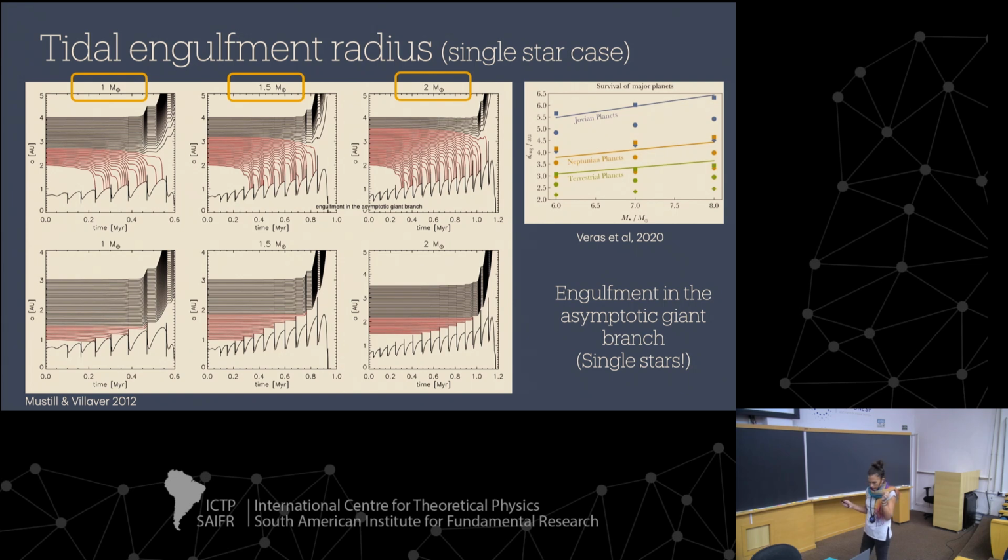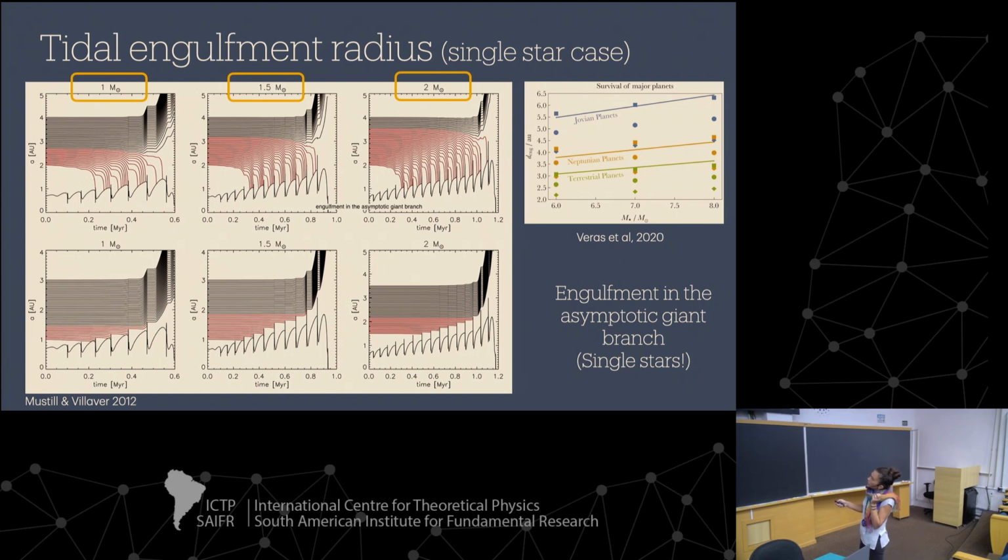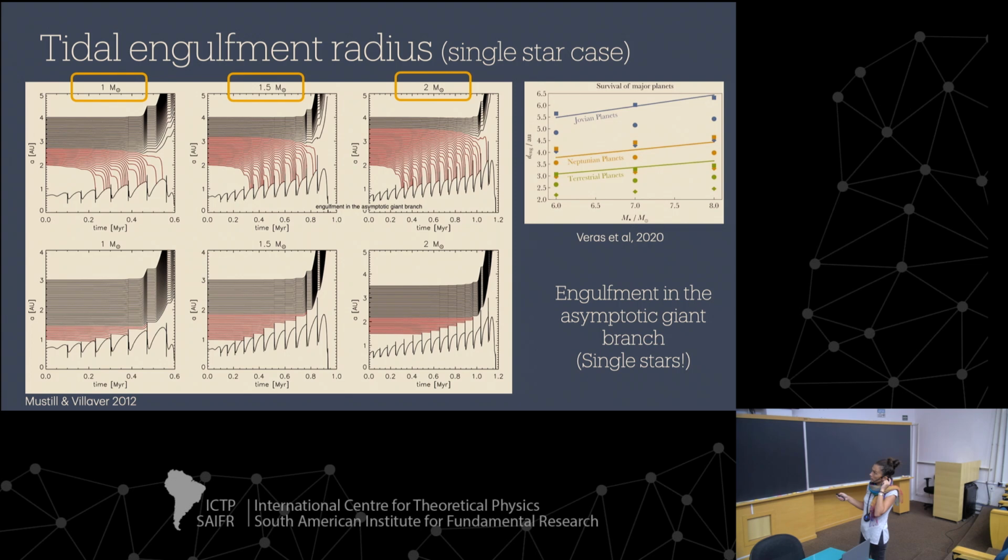If I recall correctly, it was super Earth and Jupiter-like planets, so it also depends on the initial mass of the exoplanet. What is the tidal engulfment radius? This shows the evolution of the radius of the star as a function of the evolution of the star. You see they are different depending on the initial mass of the star.